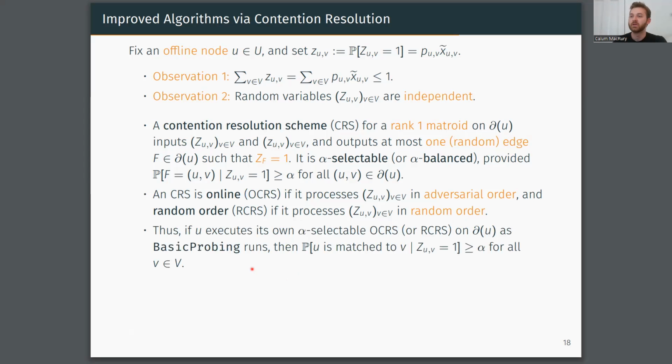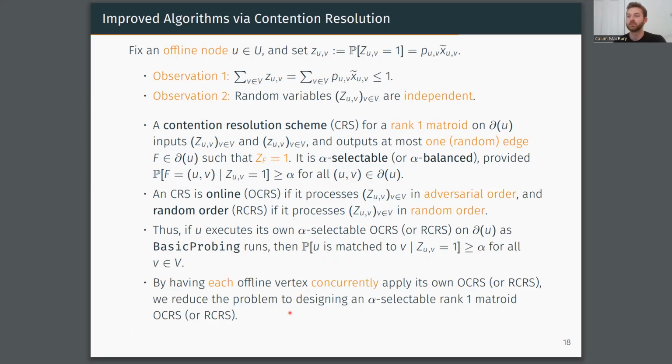Okay, so if the offline vertex U executes its own alpha selectable OCRS as basic probing runs, then we'll get the guarantee that the probability U is matched to V is at least alpha times the corresponding Z_UV amount.